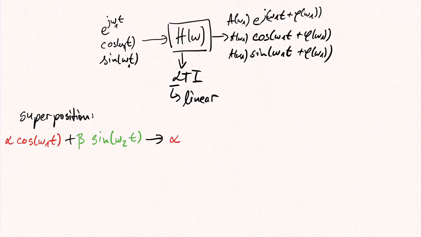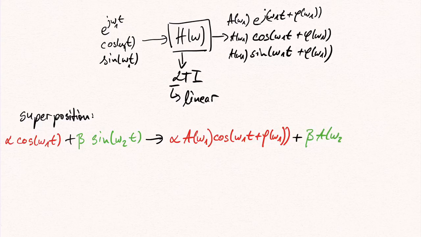It's going to be alpha times capital A, which is again the magnitude of H of omega evaluated at omega 1, times cosine of omega 1 t plus phi of omega 1, plus a scaled and phase-shifted version of the sinusoid, which is beta times A of omega 2 times sine of omega 2 t plus phi of omega 2.